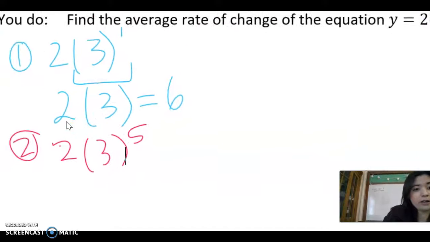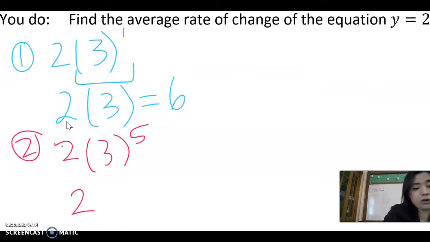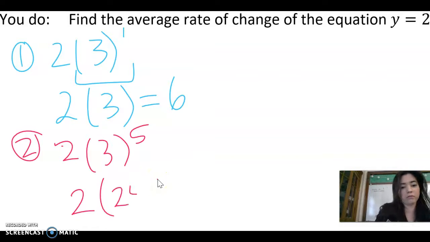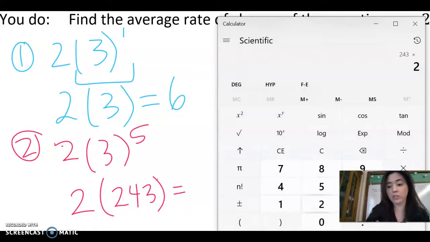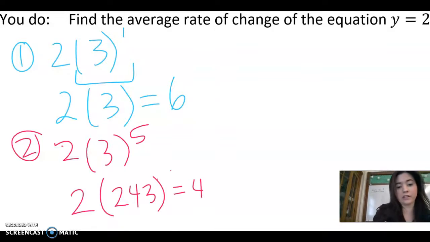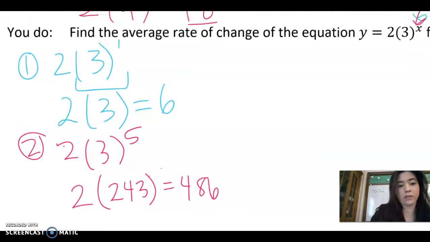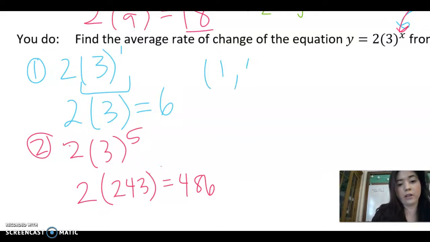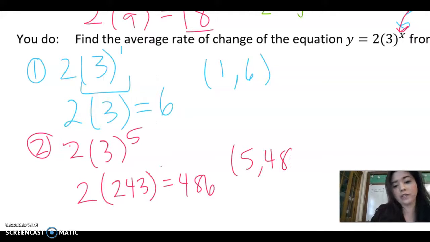I'm going to go ahead and use my calculator because I don't know what 3 to the 5th is off the top of my head. So 3 to the 5th power is 243. And then times that by 2, 486. Okay, so we have 1 comma 6, and we have 5, 486.